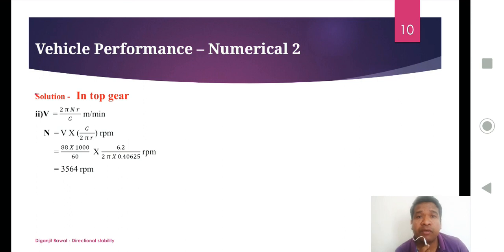So we know the value of V, 88 into 1000 divided by 60 into 6.2 divided by 2 pi into 0.40625. So 1000 and 60 to convert kilometer per hour into meter per minute. So this value becomes 3564 RPM. So N is 3564. Engine speed is 3564 RPM, revolutions per minute.